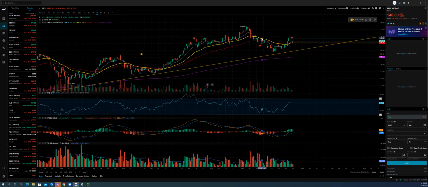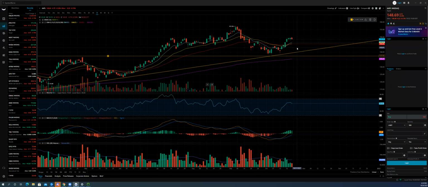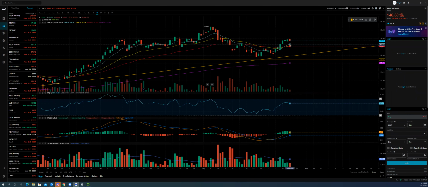But now you kind of see we came down under this 50 EMA, then the 10 EMA and the 25 EMA pushed down, but now look what happens, right? It regained the 10 EMA, the 50 EMA, and the 25 EMA. So now it's holding above these, and all of these are going to act as support when it starts to come back down. You have the 10 EMA at about 146.62, the 25 EMA at 145.68, and your 50 EMA at 145.45.